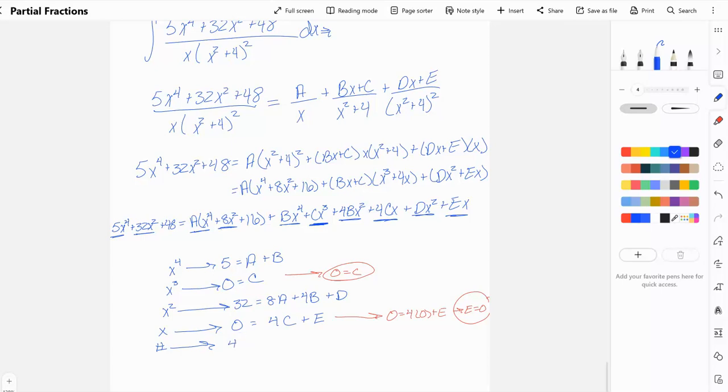And then numbers, we have 48 on the left. That's going to be equal to 16a. If I divide both sides by 16, I'll get a. So a is equal to 3. And we got enough information to solve this without using a matrix. If you're not sure, you could always use a matrix and plug everything in. So 5 equals 3 plus b. So 2 is equal to b.